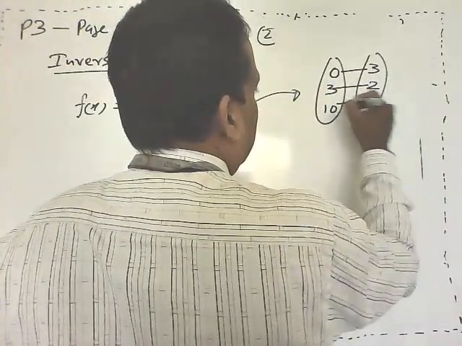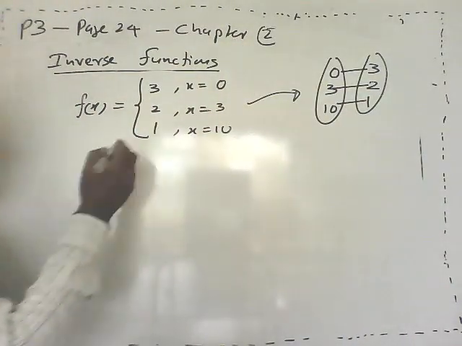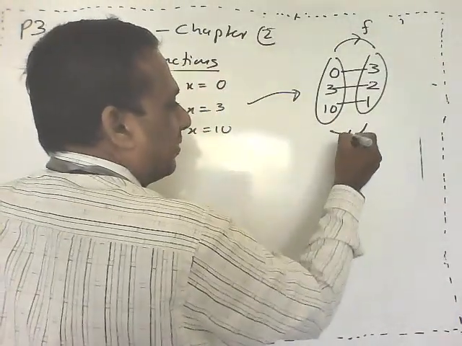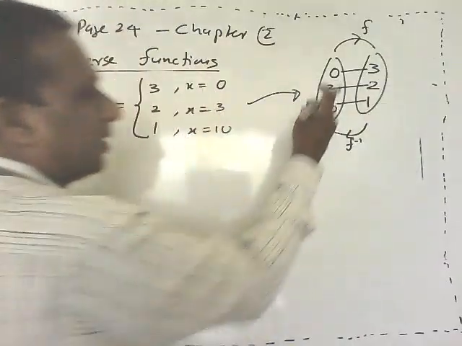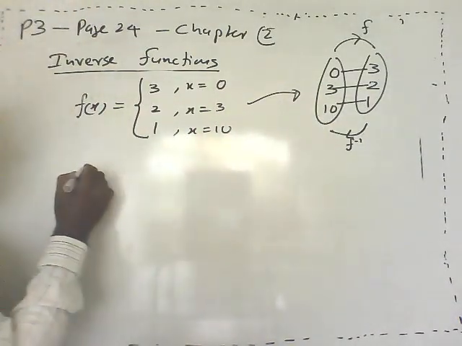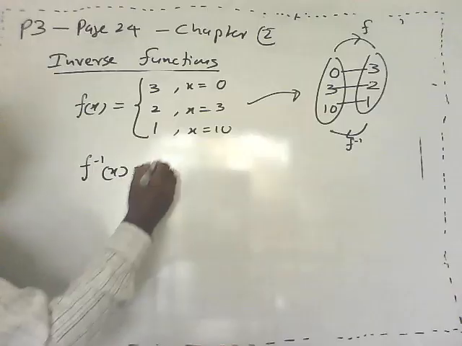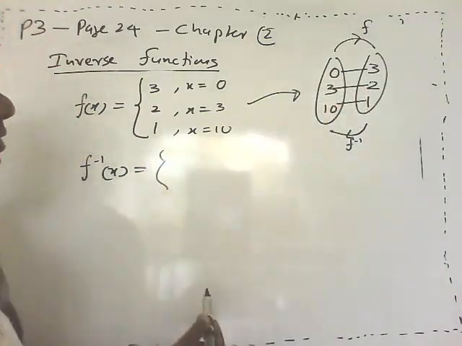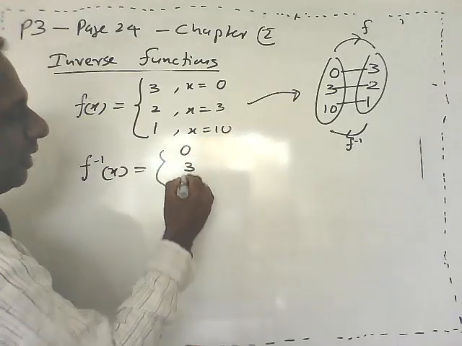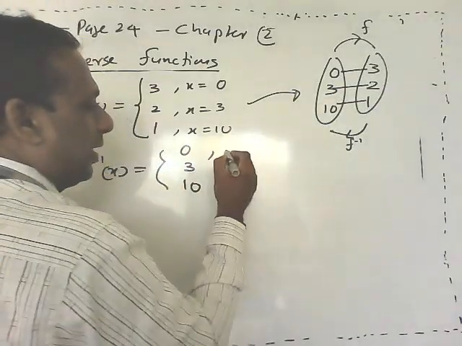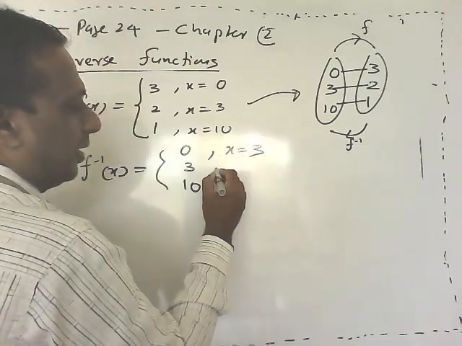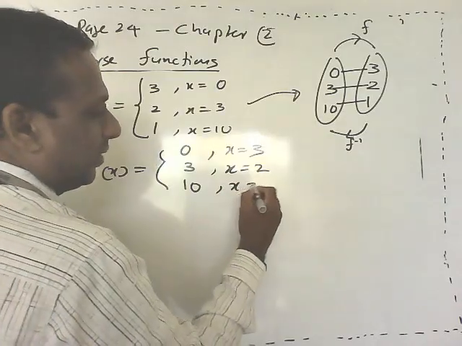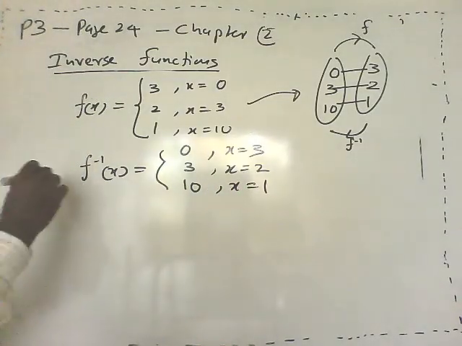So this is the mapping. Then we have to switch it. f goes from this side and f inverse of x gets mapped to this side. So what would be f inverse of x? These are the x values, and 0, 3, 10 will be the output, when x is equal to 3, when x is equal to 2 and x is equal to 1. So this is how it looks.